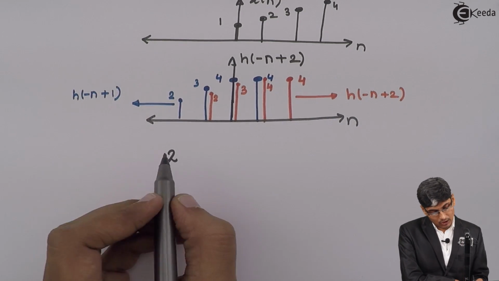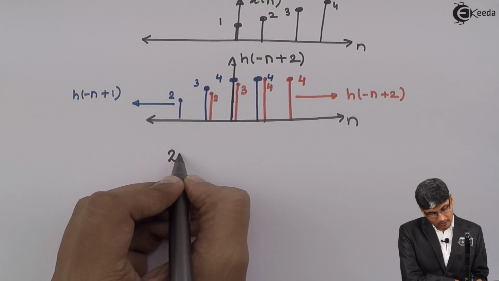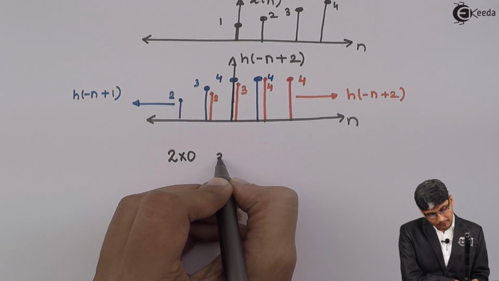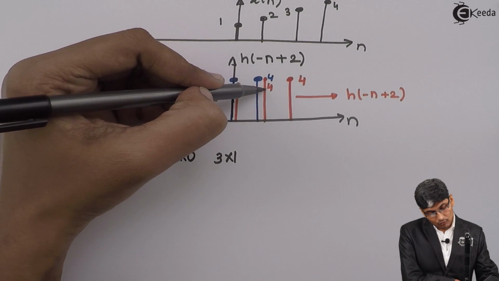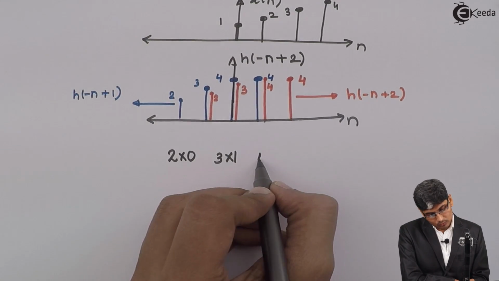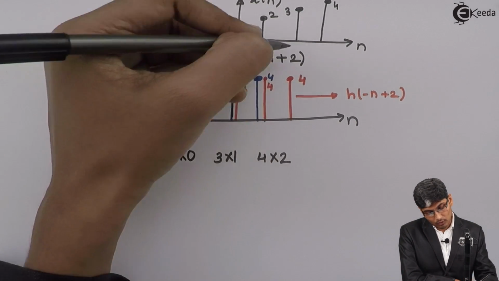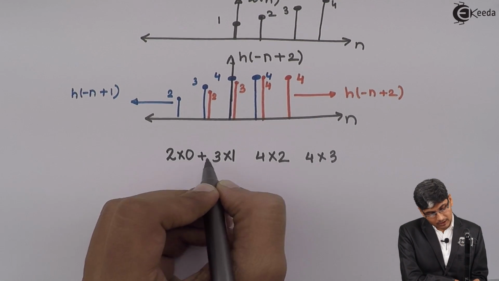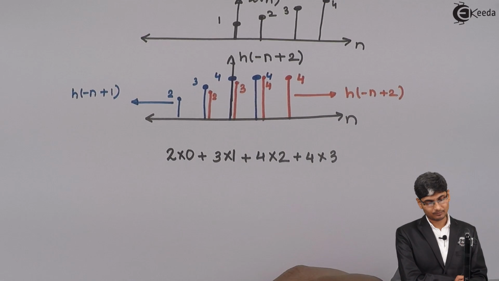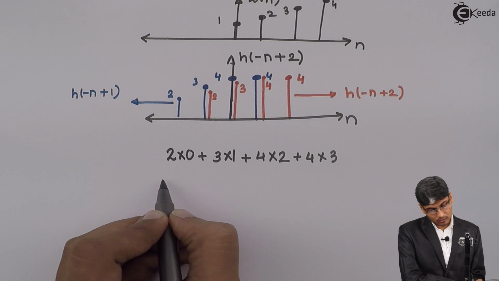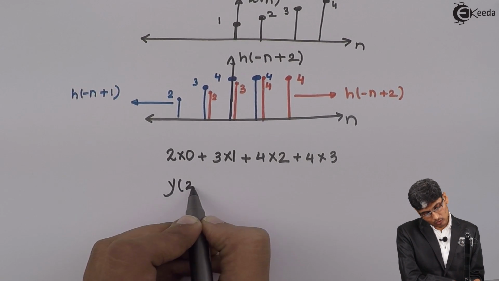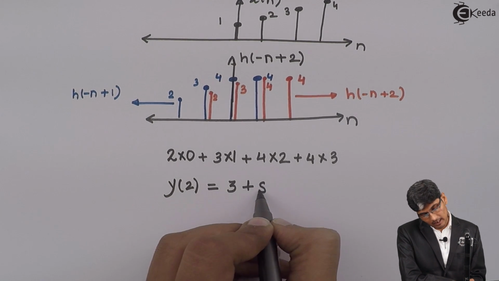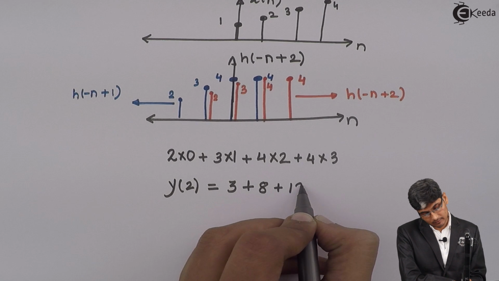Now we have 2 into 0, then we have 3 into 1, then we have 4 into 2, and we have 4 into 3. And in between each multiplication we have addition. So 2 into 0 becomes 0. So y of 2 we are going ahead with. So I'll write only 3 plus 8 plus 12.